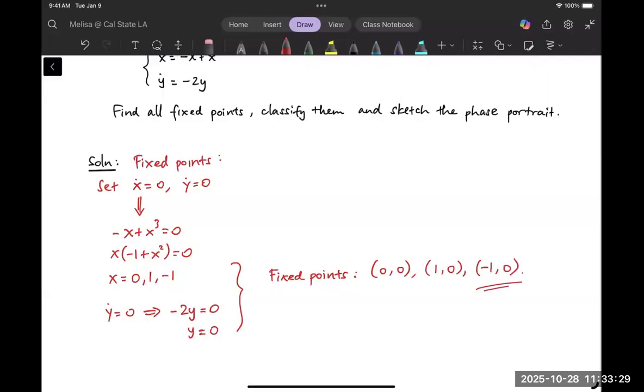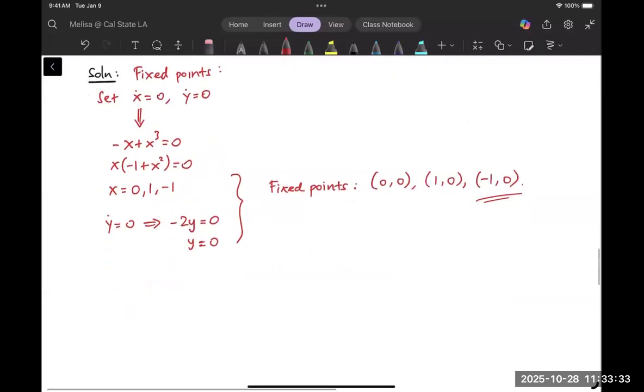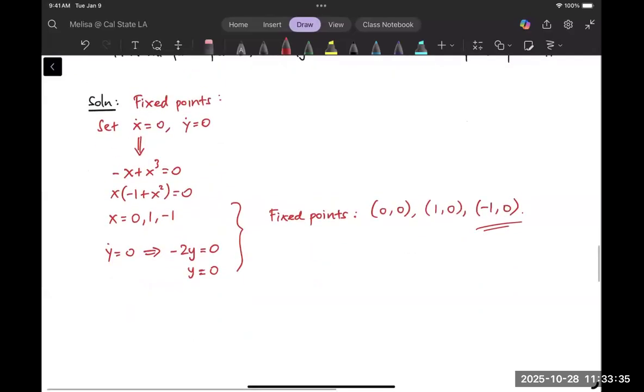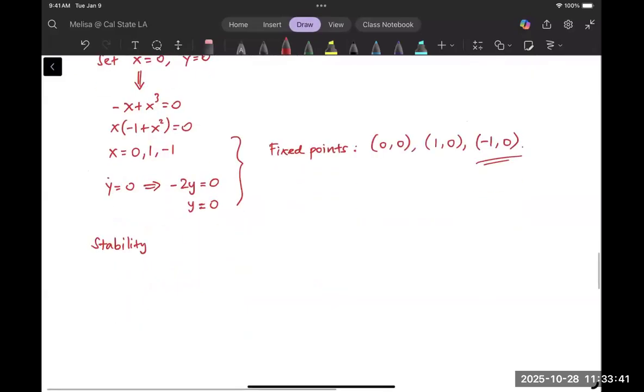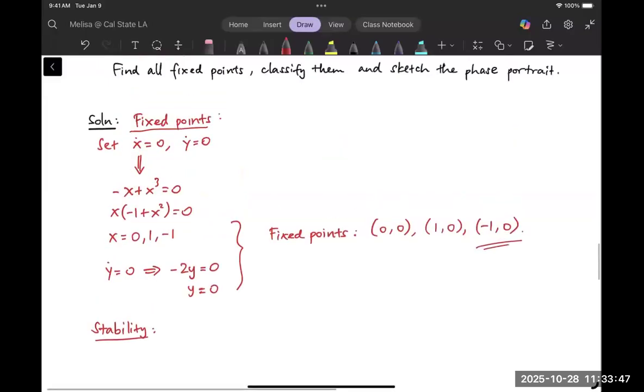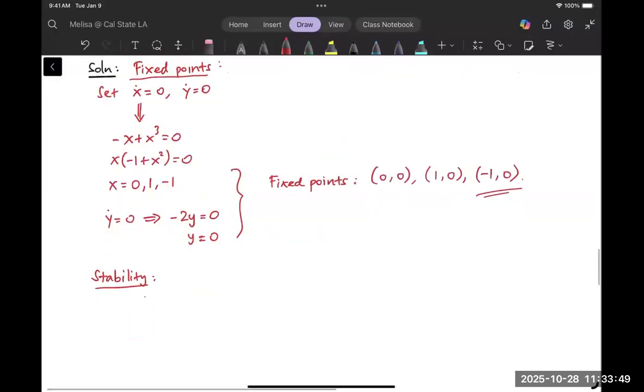All right, now what about the stability? For stability, let's look at the Jacobian matrix. Construct the matrix A, which is the matrix of the first partial derivatives.